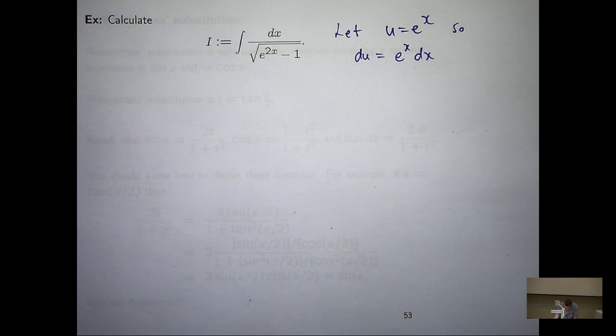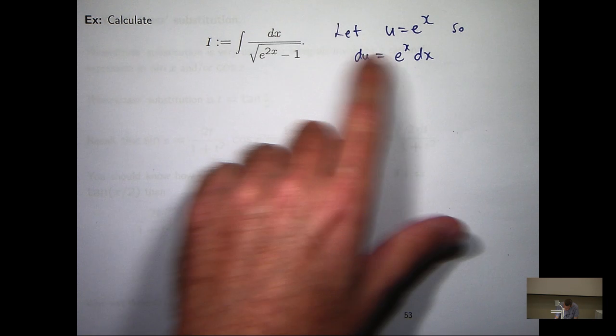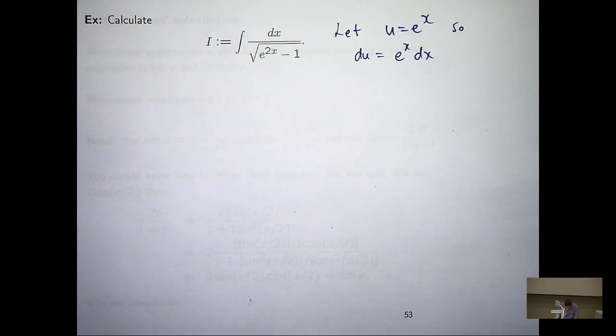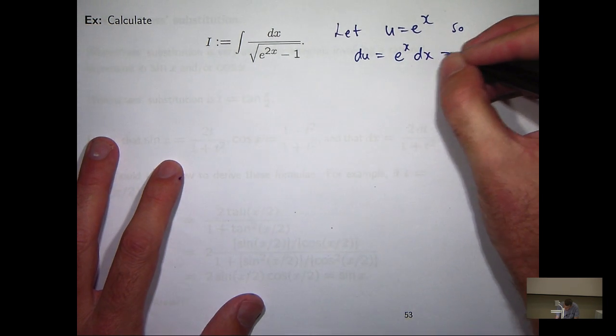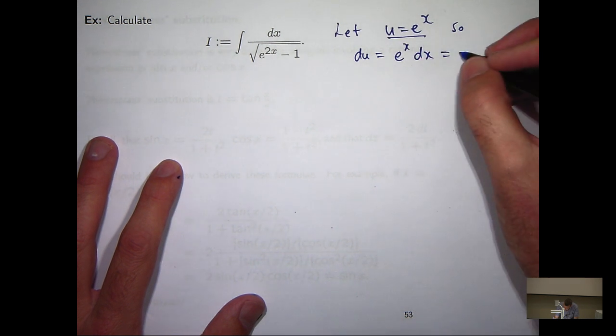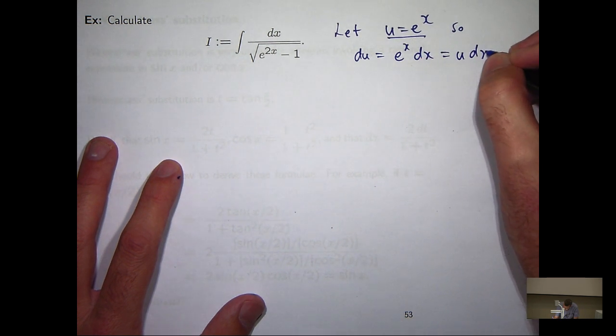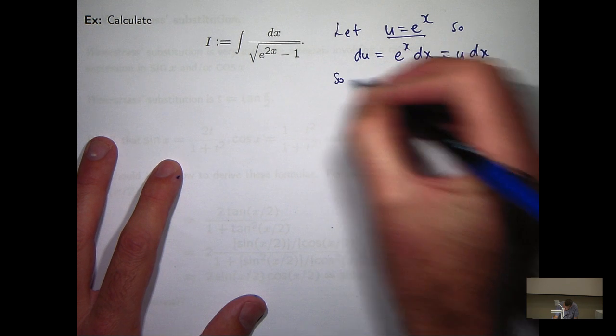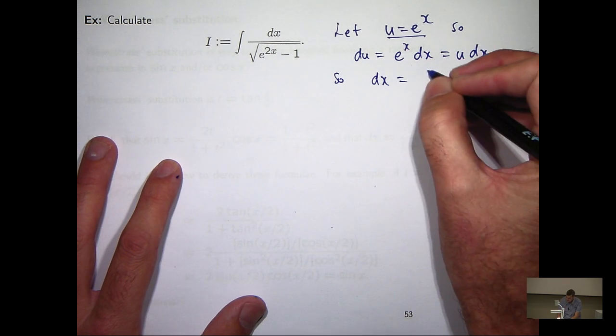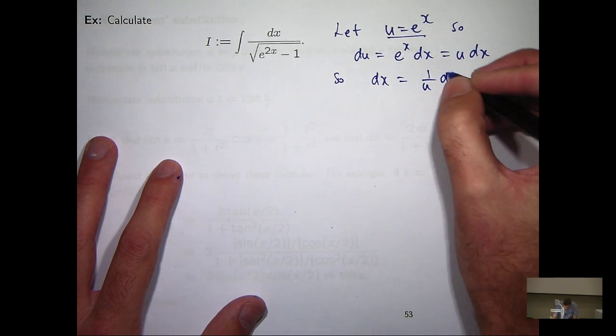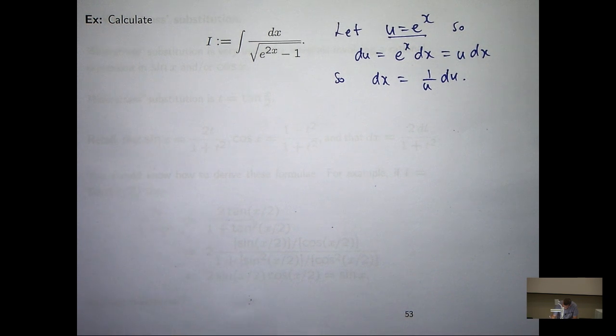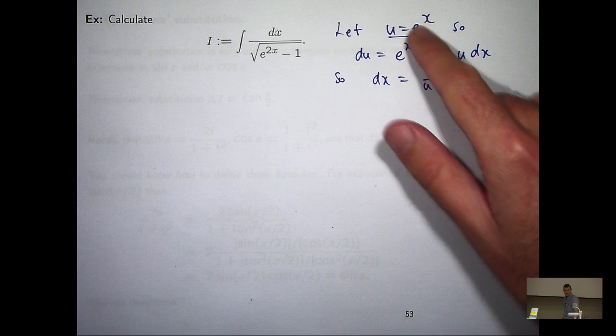So you actually want to substitute this dx out. So you want to get dx in terms of du and u. So I can just substitute in here. So what's dx going to be? It's going to be 1 on u du. Okay, so we take those two bits, u and dx, and substitute in.